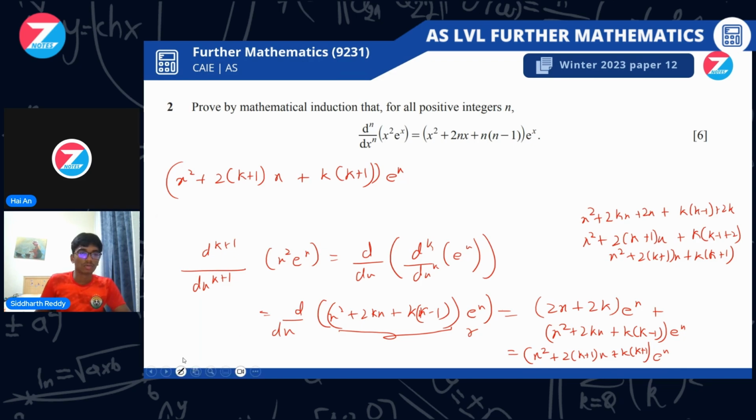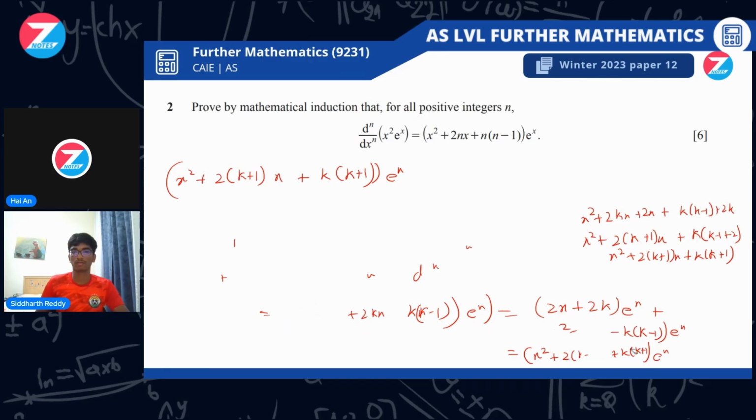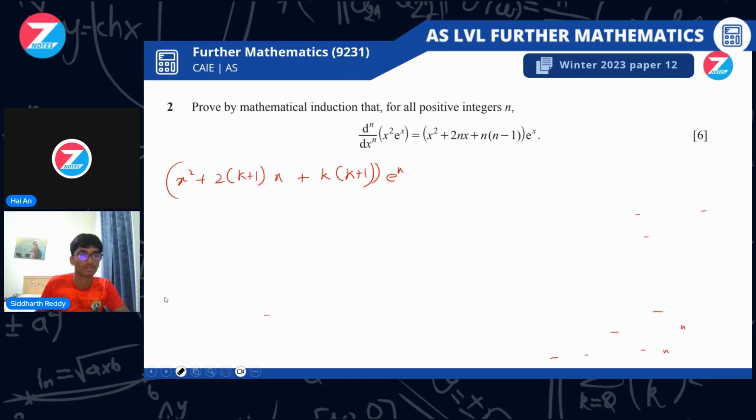So now note that this is what we get if we directly plug k plus 1 into the formula itself. So using the formula given, we get x squared plus, substituting k plus 1 for n, 2(k plus 1)x plus, substituting k plus 1 again, (k plus 1) into (k plus 1 minus 1), which is just k, times e to the x.